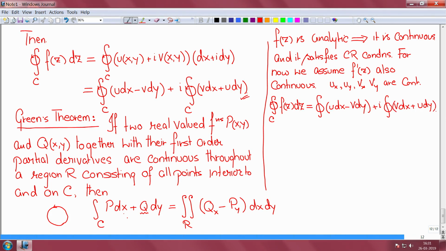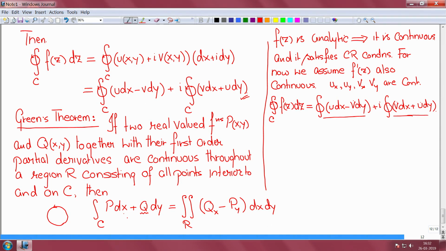Now this part is a real integral, and this part is a real integral. u is a function of x, y, v is a function of x, y, and their first partial derivatives are continuous. Same here, v and u are functions of x, y, and their first partial derivatives are continuous.